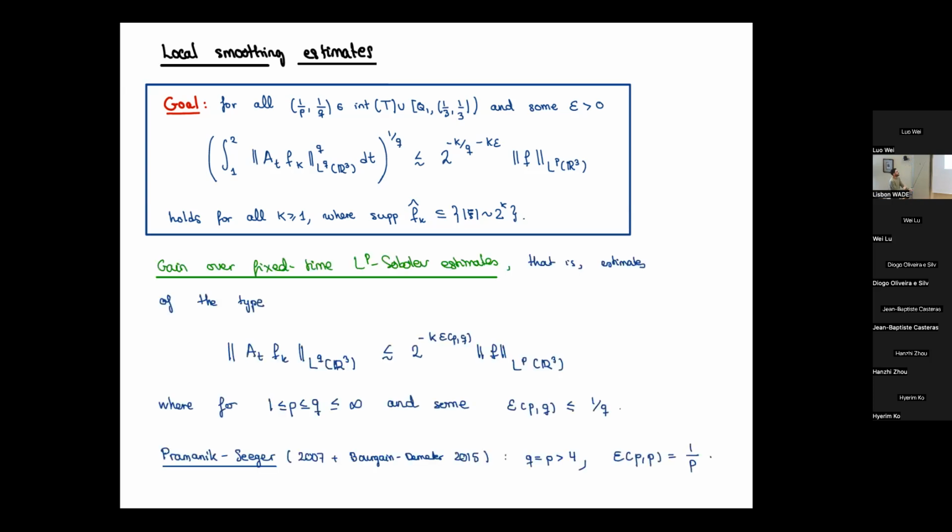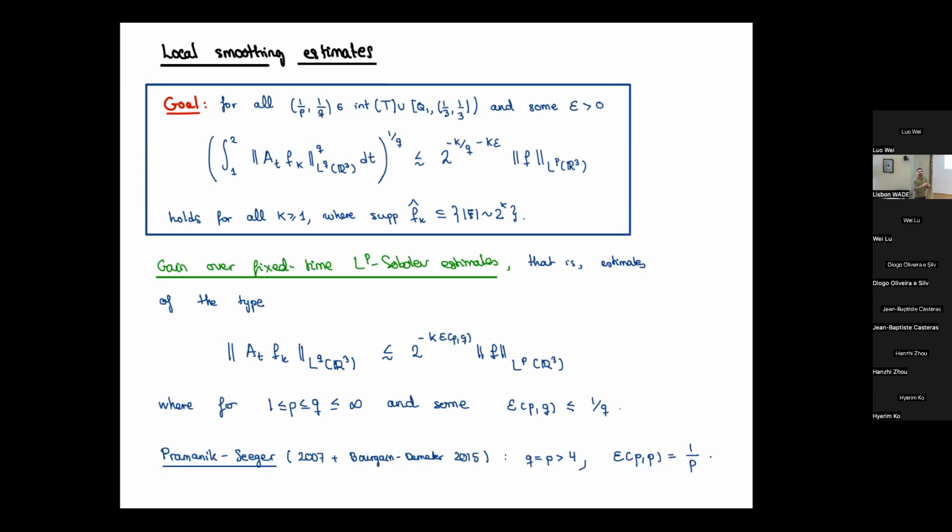Okay, and these are typically called local smoothing estimates, because when there is no integration in time, imagine you just take the average at time equal to 1, one can study what the Sobolev estimates for those are, and the best decay that one can obtain is 1 over q.